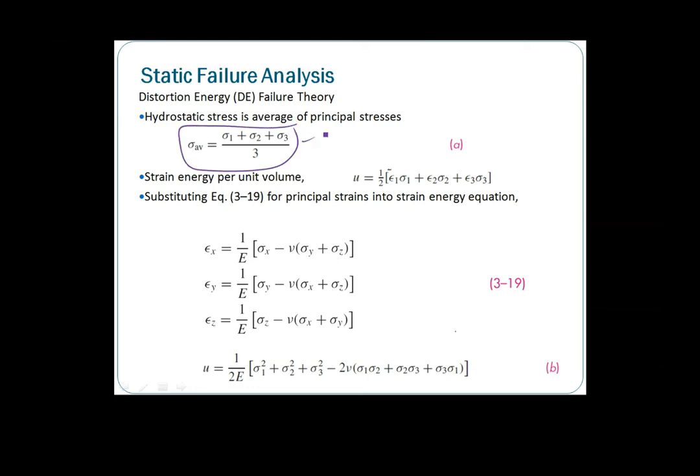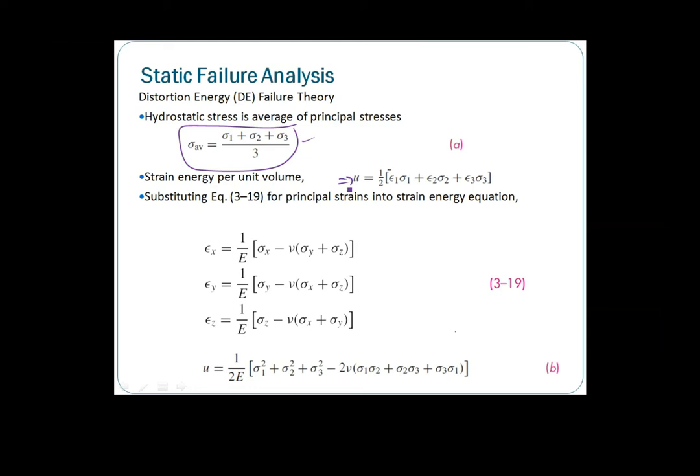Then look into the strain energy per unit volume from the axial stresses. Then we have the distortion strain energy, and we have the hydrostatic strain energy, which is related to the average. So we look into the strain energy first.